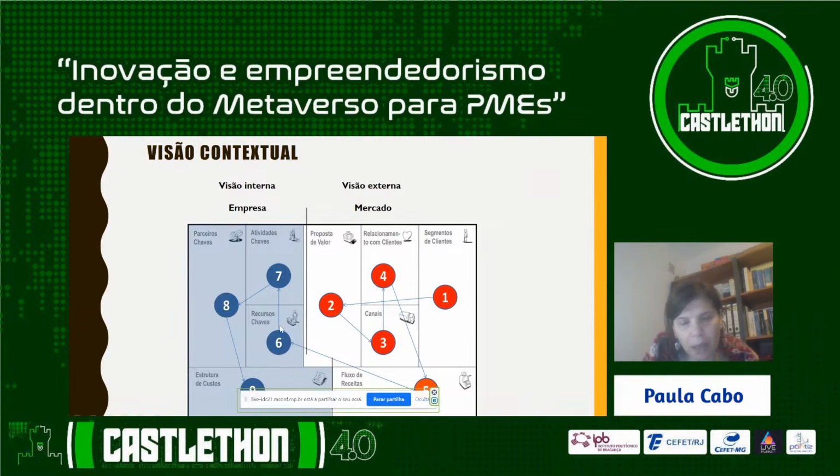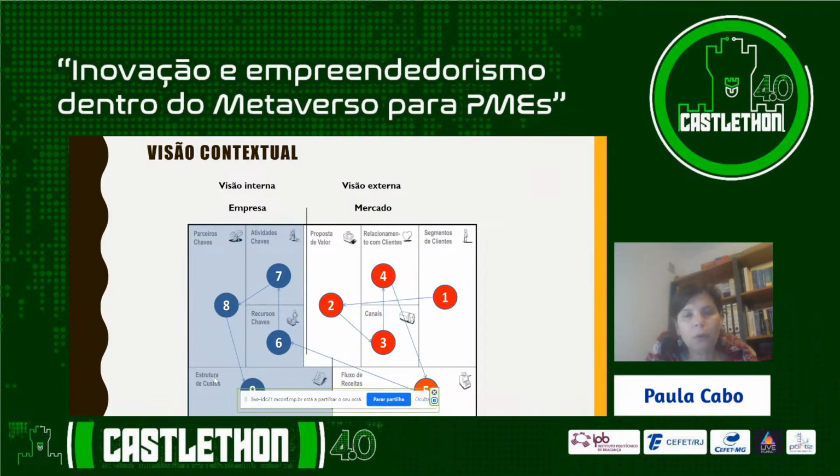Internally, we will have our key resources that we will use to perform the key activities that are the ones that are essential to us to deliver the value proposition to our customers. And in order for this to be achieved, we will need some key partners, and all that is reflected in costs that we will support in order to provide the value proposition.